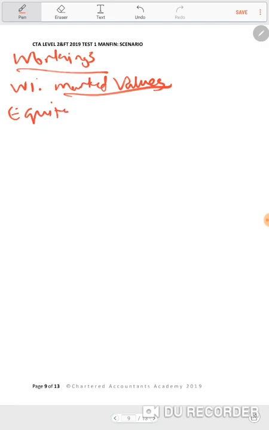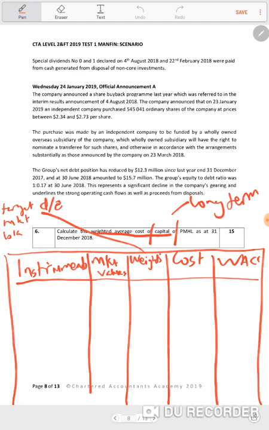For equity, it's going to be 3 million times what? 2.77, right? And then you get your 8.31 million. I don't know if you got that. So if we go here on our solution, we're going to say our market values are on working 1, right? So now we have our market value.